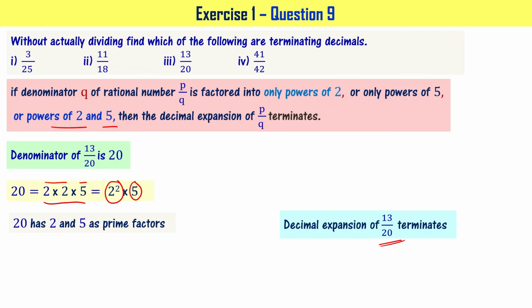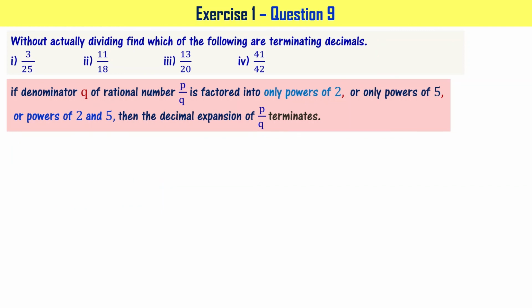Got it? Let's look at the last part of the problem, that is 41 by 42, right? 41 by 42, the denominator is 42. Now, if you want to express it as prime factors, you can write it as 2 times 3 times 7. 2 times 3 is 6, 6 times 7 is 42, right? Here 2, 3 and 7 are all prime numbers, right? That's why we call these as prime factors.